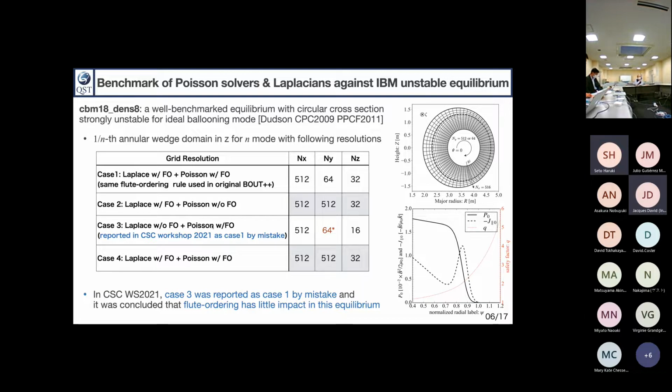In case 3, the flux ordering is employed only in the Poisson solver, but the parallel grid number is limited to 64 for numerical instability. In case 4, flux ordering is not employed, so the parallel grid number is set to 512. In the last workshop, the result of case 3 was reported as case 1 by mistake, and it was concluded that the flux ordering assumption has little impact in this equilibrium.